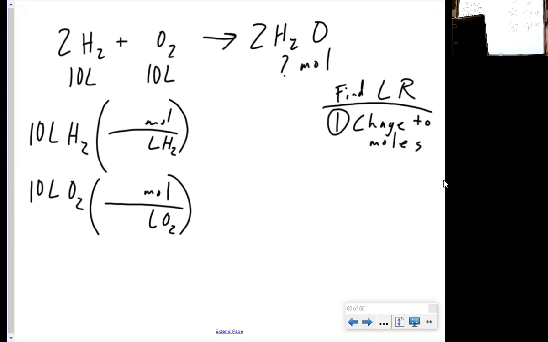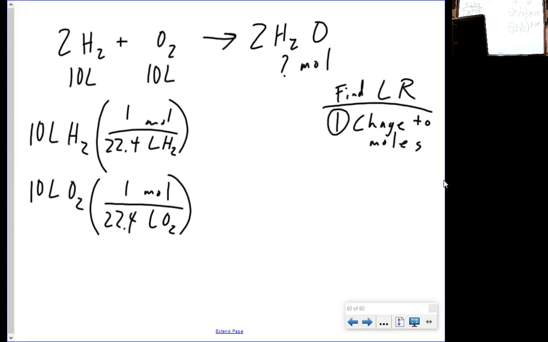Look over there. What's my magic number? 22.4. And how many moles? 1. 1 mole, 22.4 liters. So I gave you an easy one here because the math is going to be the same for both of them. Both of them are going to be 10 divided by 22.4.